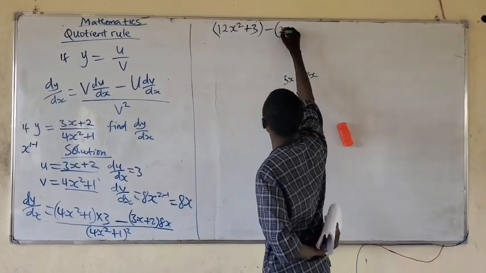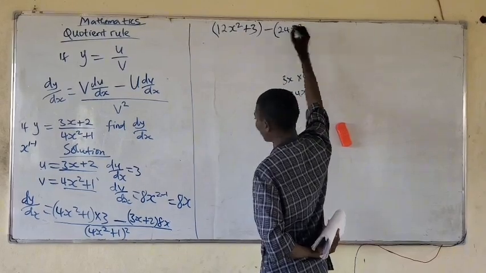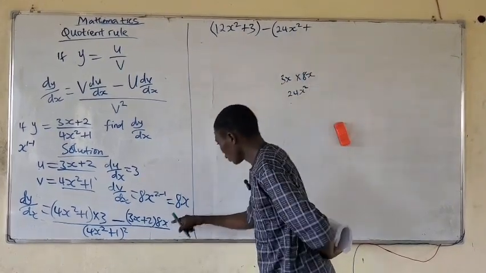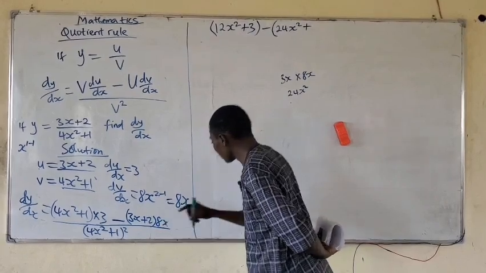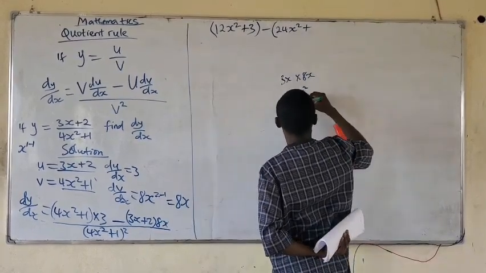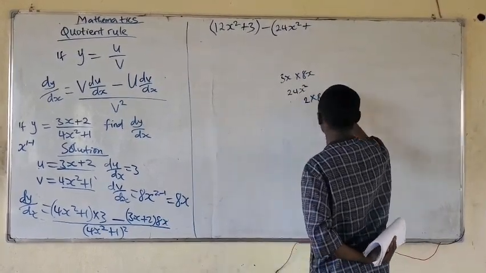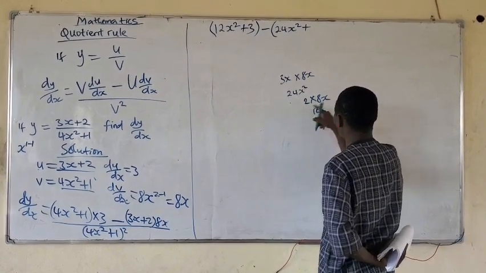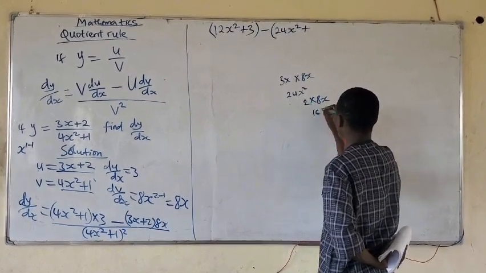So here will give us 24x squared plus 2 times 8x. 2 times 8 is 16. Since there is no x here to multiply with it, just put the x there.